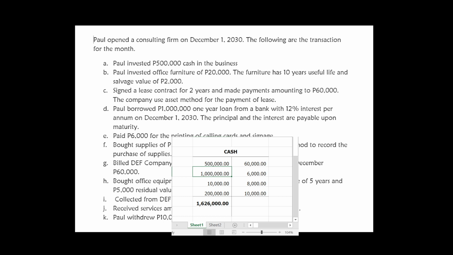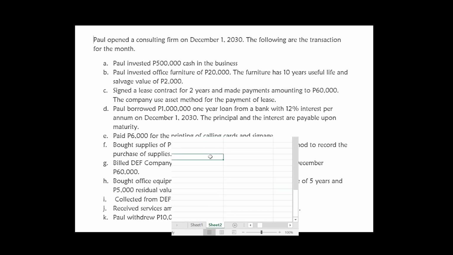So, kapag sinabi nating operations, naapektuhan yung ating current assets and current liabilities. Yan yung tatandaan natin. Current assets and current liabilities. Kapag investing naman, naapektuhan yung ating non-current assets. Okay, yan yung tatandaan nyo.